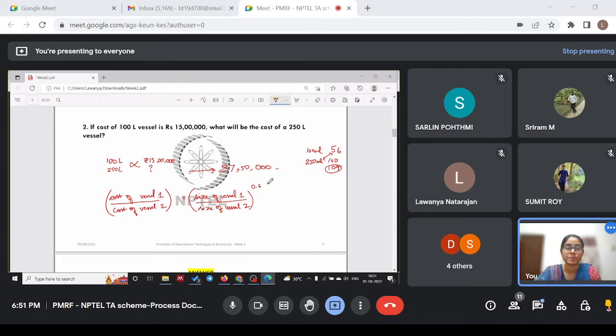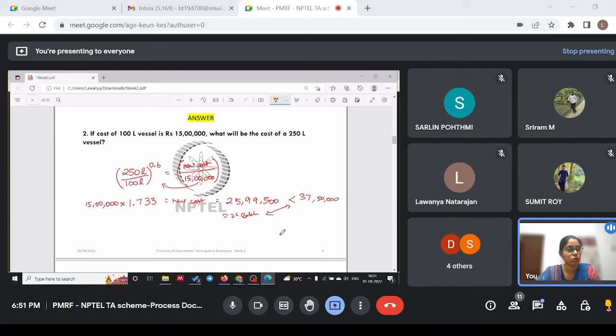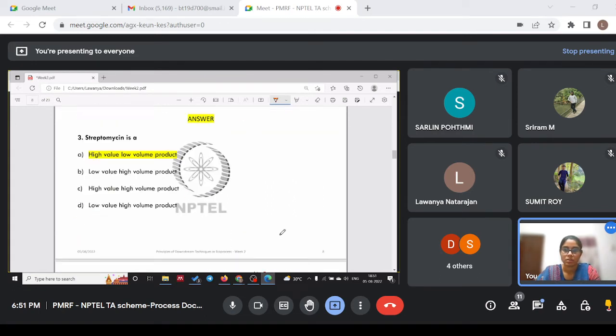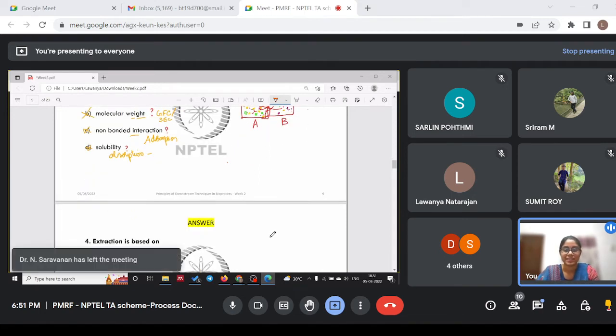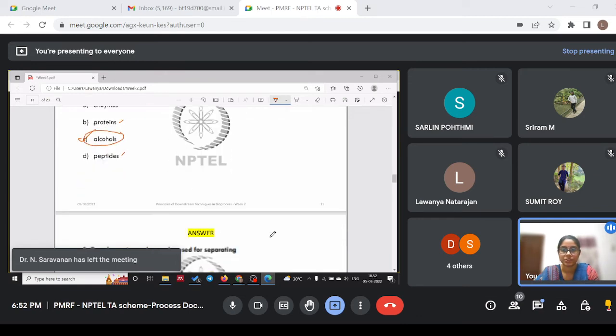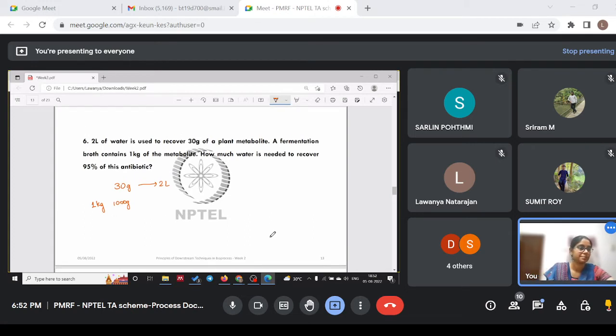My bad, sorry. I had written it here and then I worked it out. I'll be sharing this PDF with you. You can take a minute to think about things. So then I had all these colors here. At least then you could have told me, guys. It's all right. So the answer was partition coefficient. Fifth was alcohols. So we are moving into sixth question here.